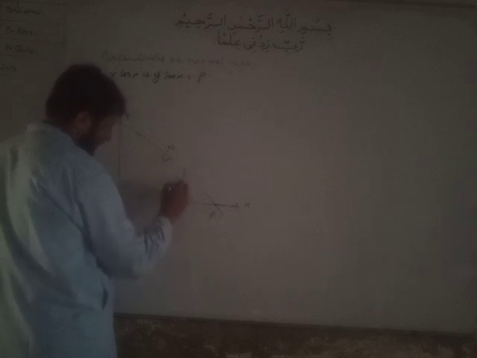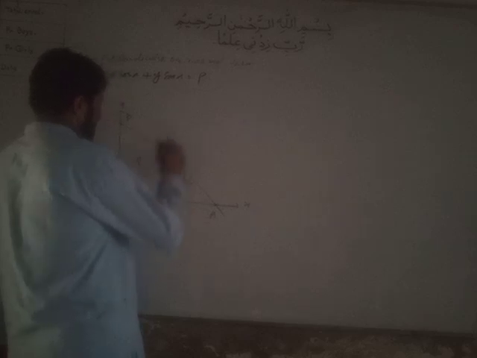This is the perpendicular line. This is N and we can draw here this line. So this is alpha and here also angle alpha. Okay. So this is p, from triangle ONA.